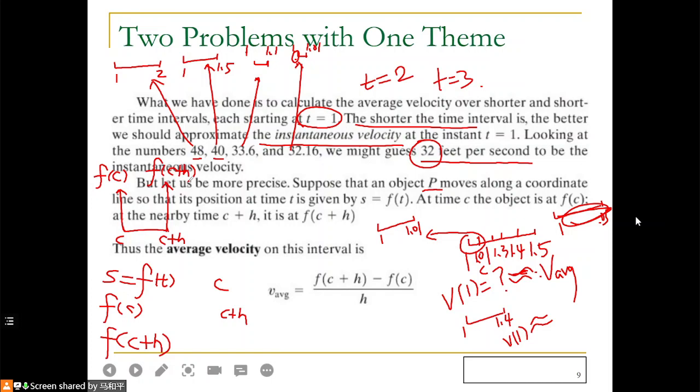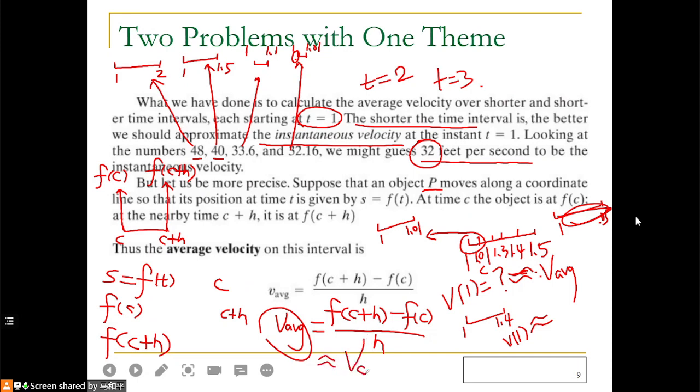The average velocity, V average, is equal to f of c plus h minus f of c, over the time spent, h. This is the average velocity. We know it's not equal to the velocity at point c. We can write that it's about V of c.